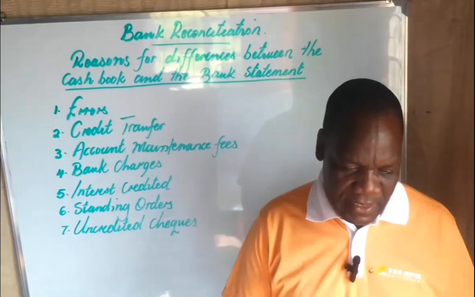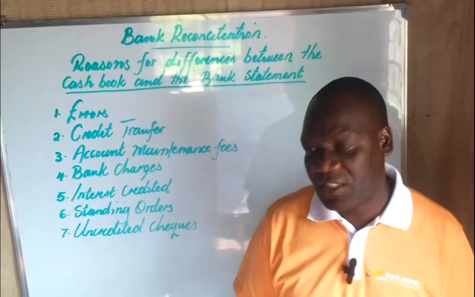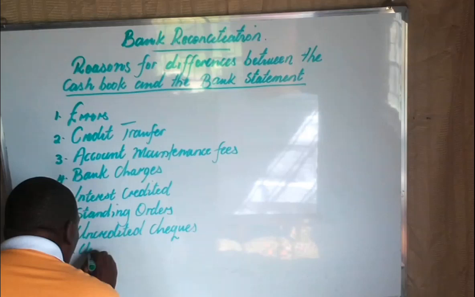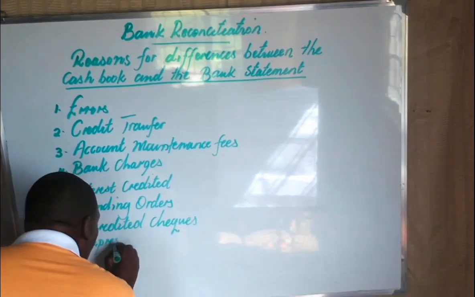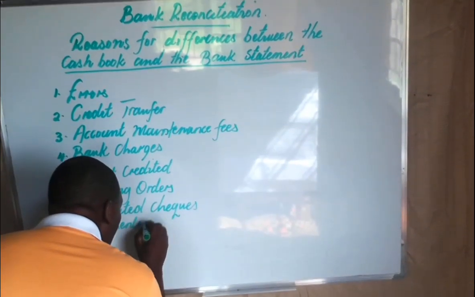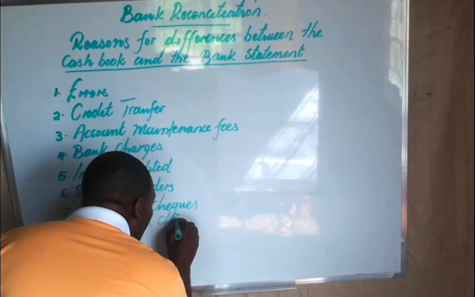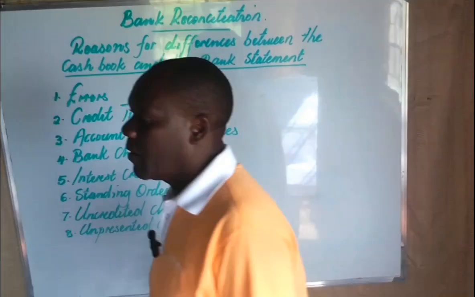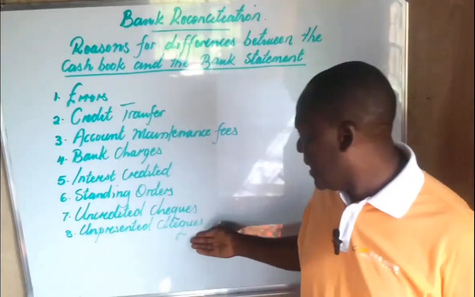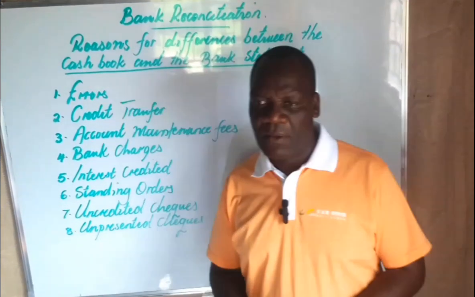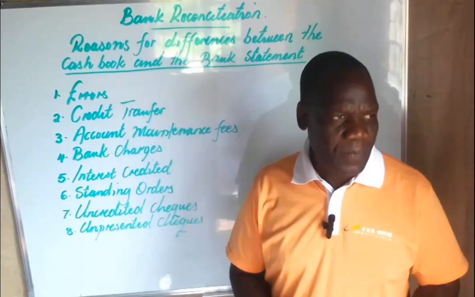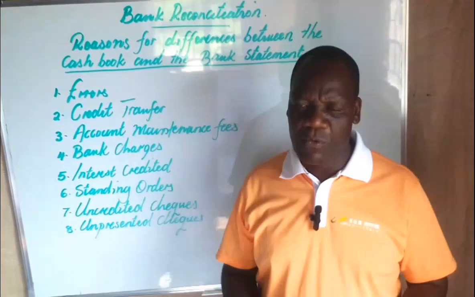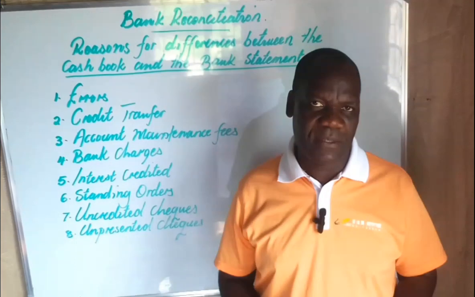Reason number 8 is unpresented checks. Unpresented checks are the checks that a company will receive, but instead of taking them to the bank and depositing, the company will keep these checks in the drawers, okay?